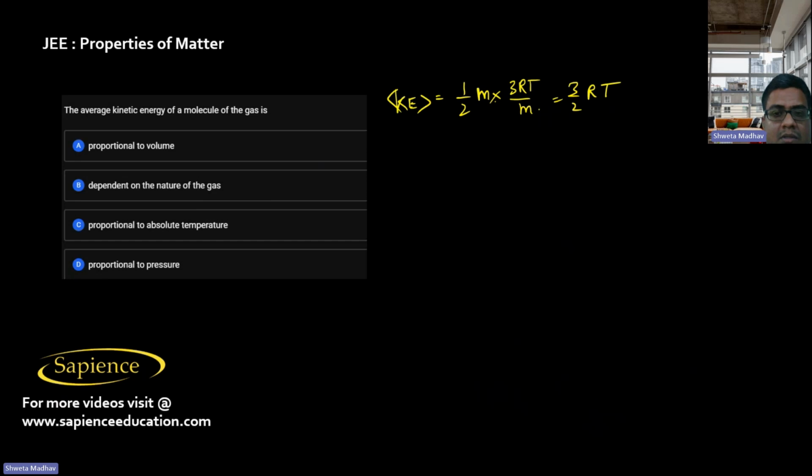That is independent of the nature of the gas, and it is proportional to the absolute temperature. Since the average kinetic energy, as you can see, is directly proportional to the absolute temperature of that gas, option C is the correct answer.